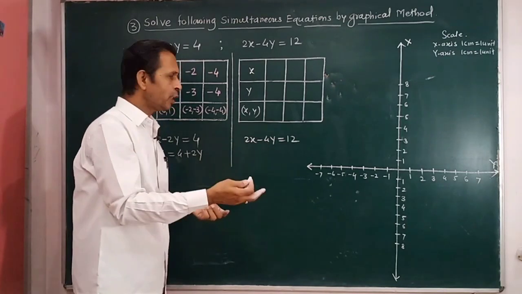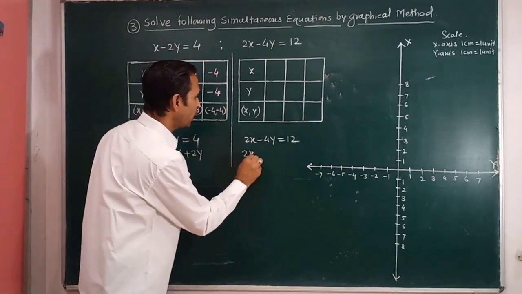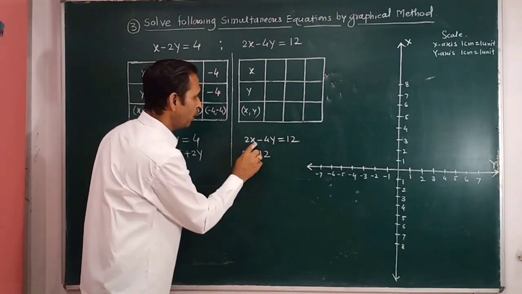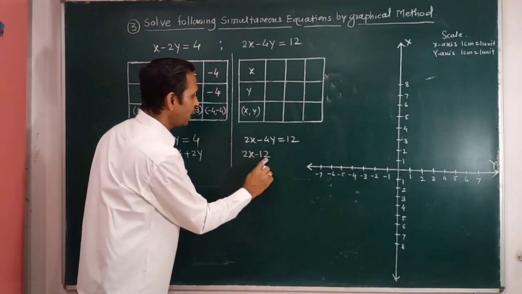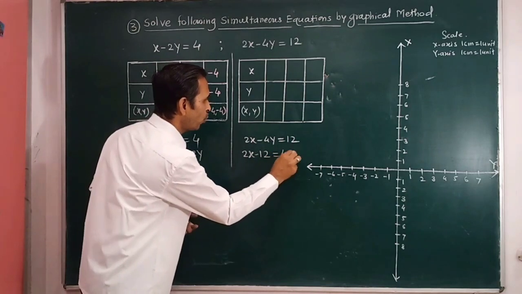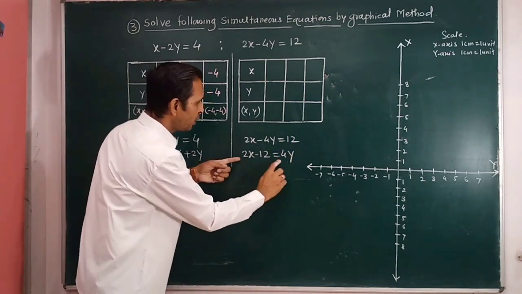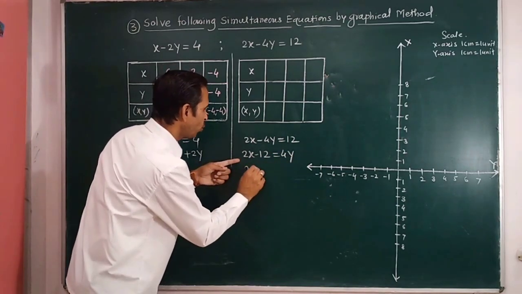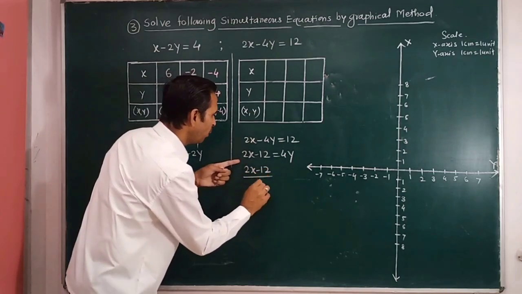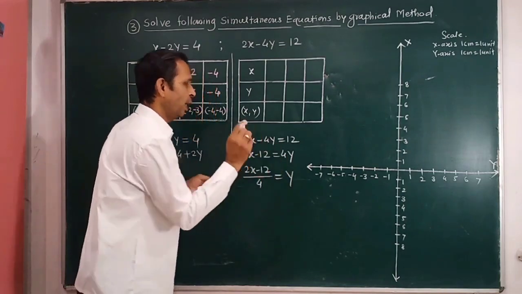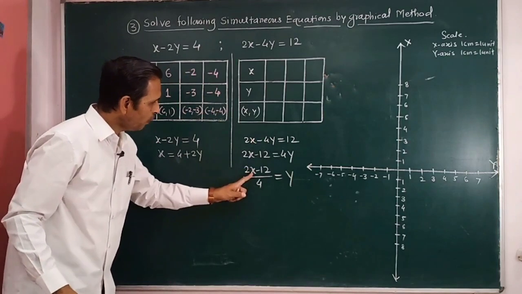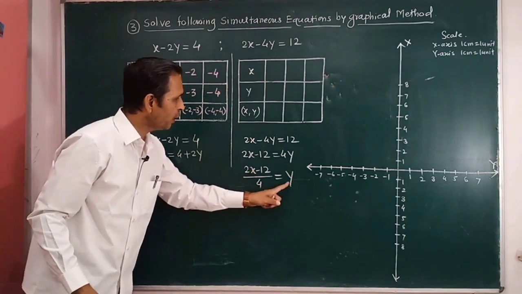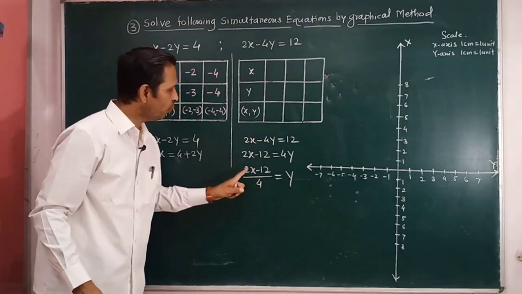Suppose we convert this into the y form, then 2x minus 12 is equal to 4y, and divide this equation by 4, means 2x minus 12 divided by 4 is equal to y.